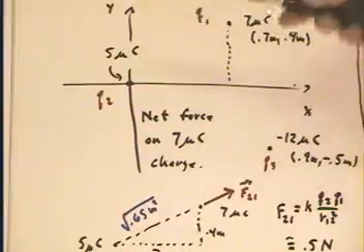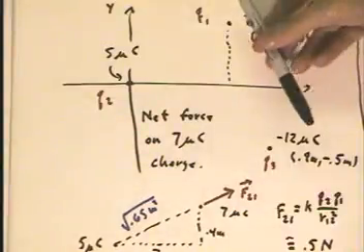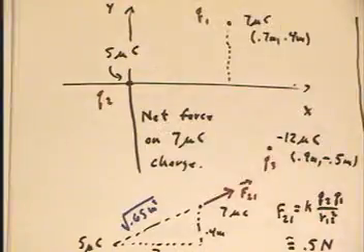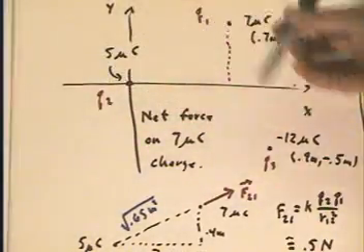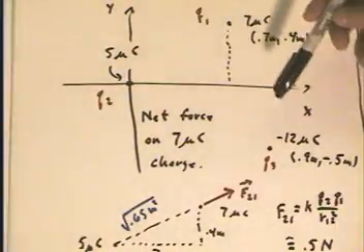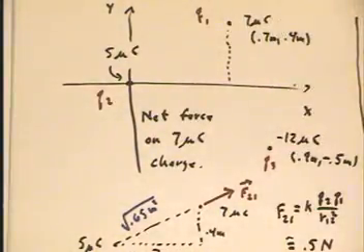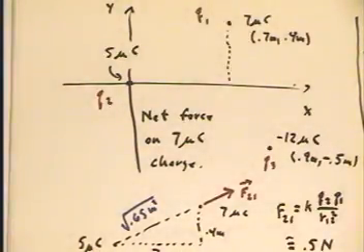These are both positive charges, so we're going to have a vector force in this direction acting on the 7 microcoulomb charge as a result of the 5 microcoulomb charge. Between the 7 and the negative 12 microcoulomb charge, we have a force of attraction, so we're going to have a force in this direction. So we're going to have to find these two vectors and then add them up as vectors.